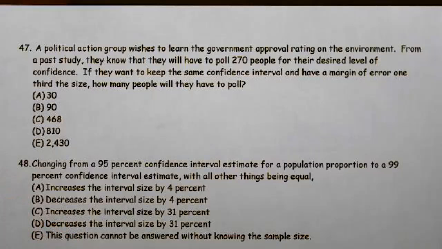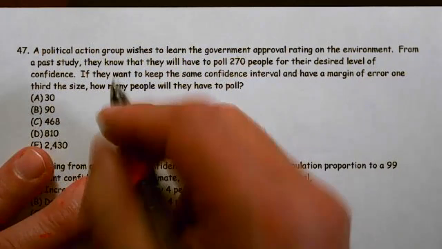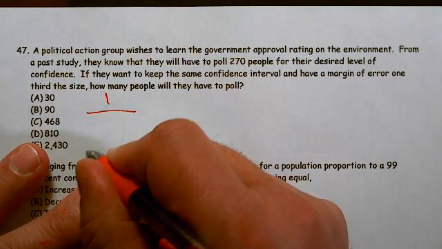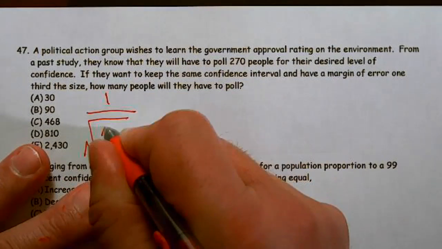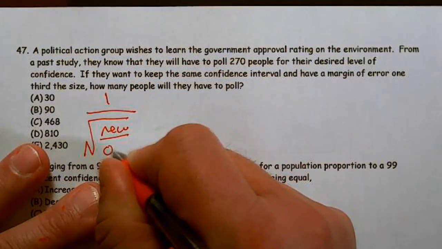All right, number 47, a political action group wishes to learn the government approval rating on the environment. From a past study, they know that they will have a poll of 270 people for the desired level of confidence. If they want to keep the same confidence interval and have a margin of error 1/3 the size, how many people will they have to poll? So this is going to be back to 1 over the square root of new over the original.